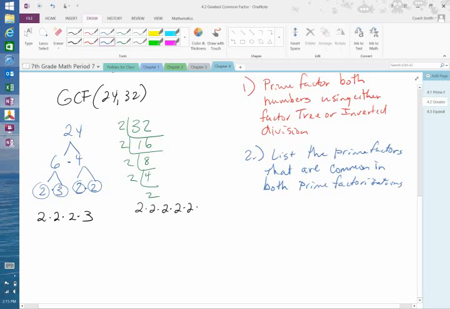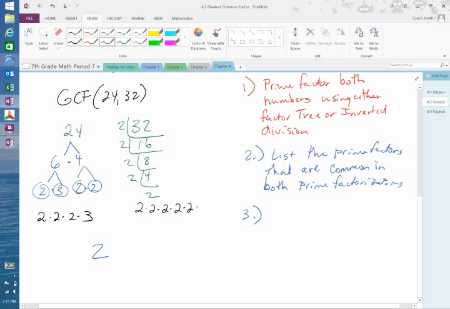Okay? So which ones are common in both prime factorizations? What? 2. It's the only one that's common. Okay?